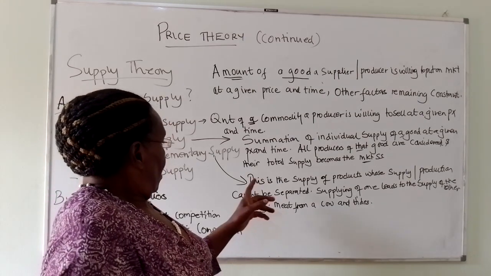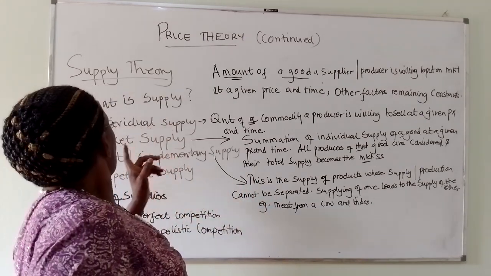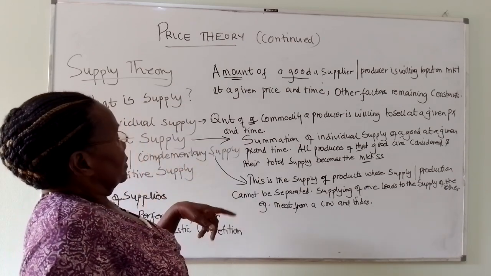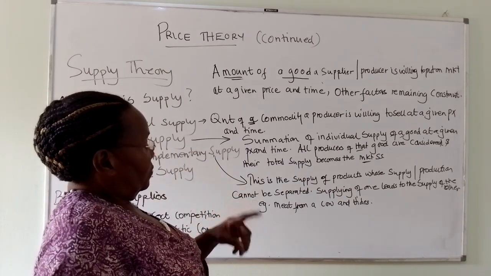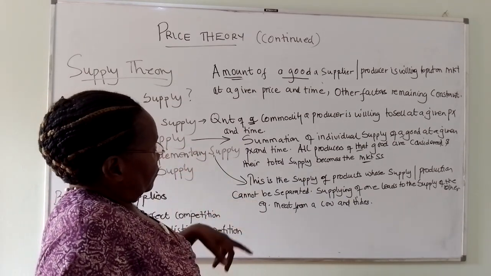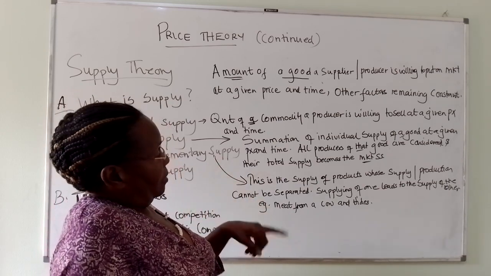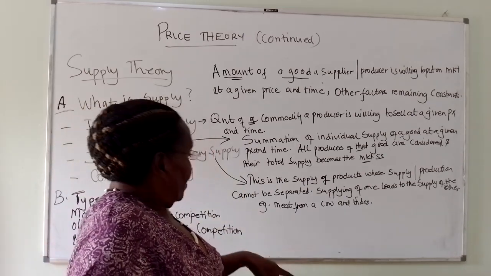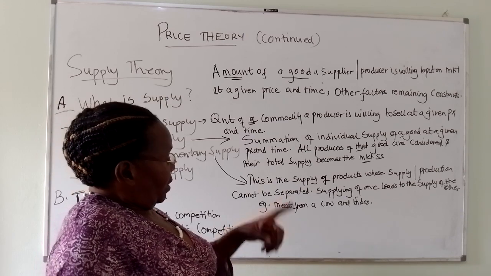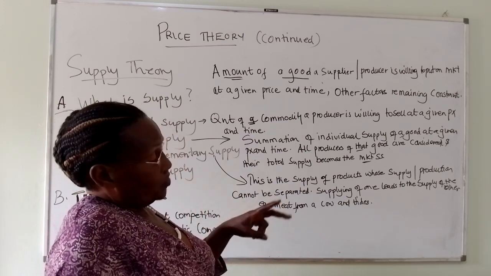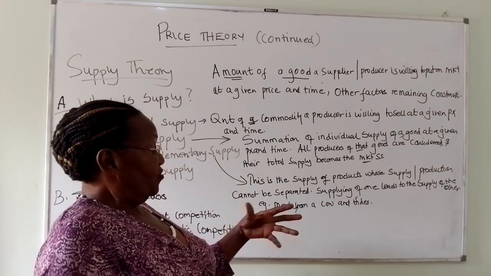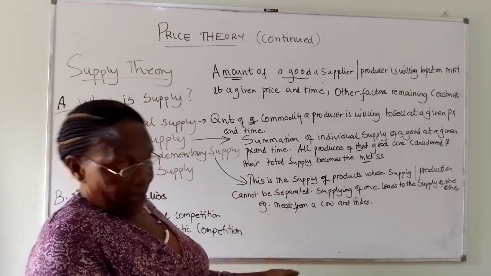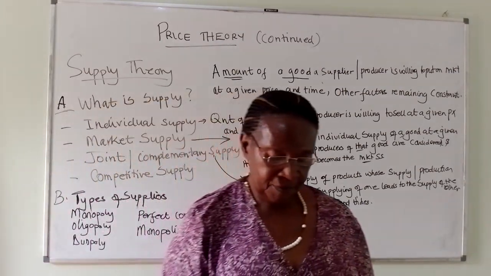So these are usually regarded as commodities which are jointly supplied, or commodities whose supply is complementary. Supplying of one leads to the supply of the other, and it is inseparable. A good example is meat from a cow and the hides. The two are different commodities. That's why they even carry different names. They are serving different purposes to different consumers, but their supply comes at the same time.